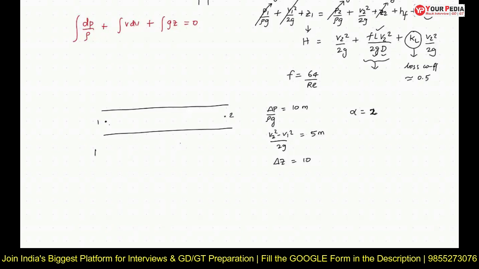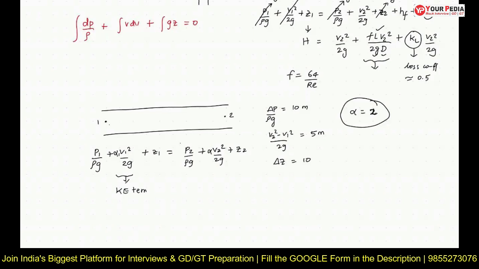I can write the Bernoulli's equation as P1 by rho g plus V1 square by 2g plus Z1, which is equal to P2 by rho g plus V2 square by 2g plus Z2. We need to use this kinetic correction factor, alpha, in the kinetic term. So alpha is present here.